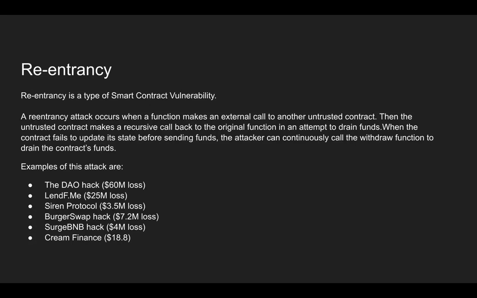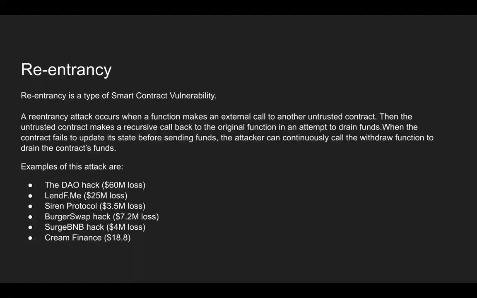So it is always advisable to make sure to update the state of functions like the withdraw function before sending the funds, because an untrusted contract can make a recursive callback to call the function if the smart contract does not update its state before sending.